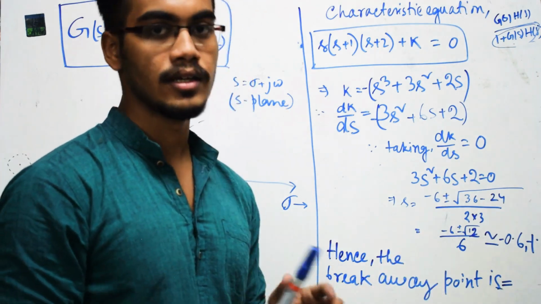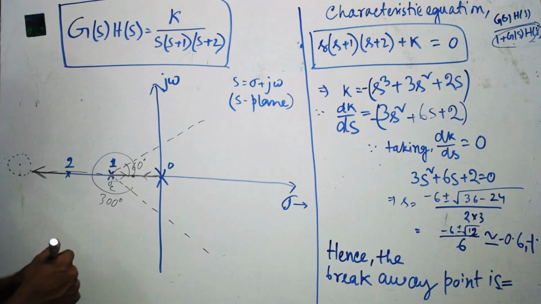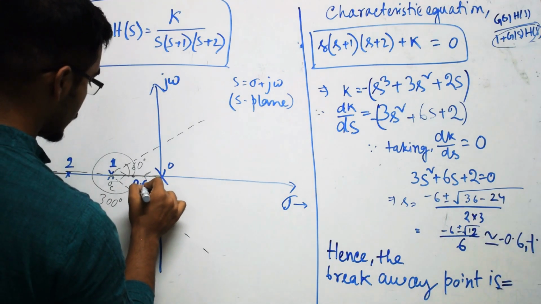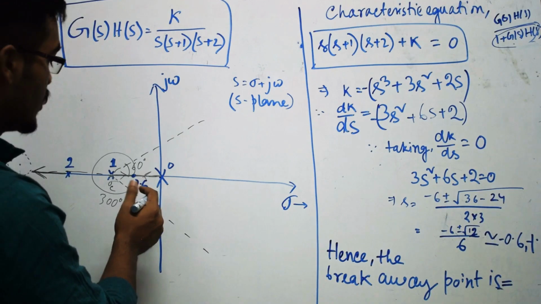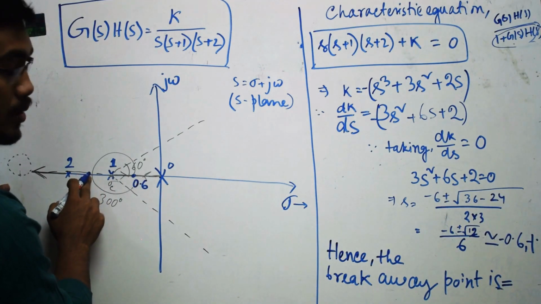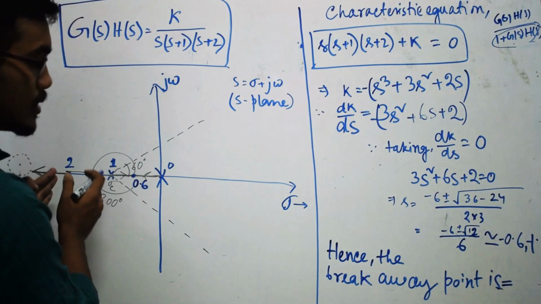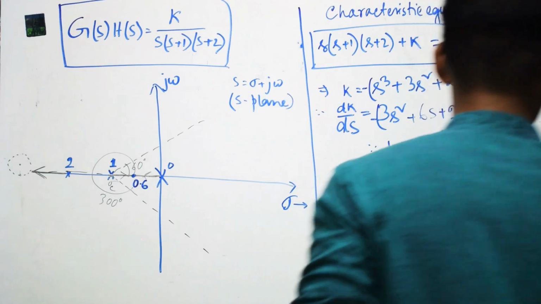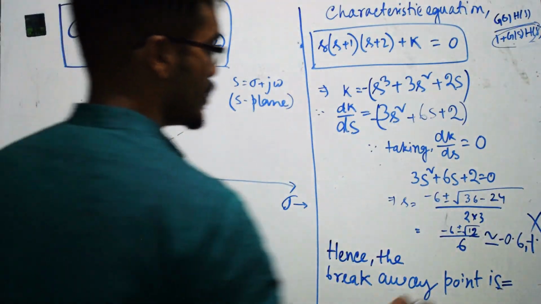Now the main point comes. As per the root locus, minus 0.6, this point is on the root locus, but minus 1.6 is somewhere here, so that is not on the root locus, so that is not considered. Minus 1.6 is not considered.